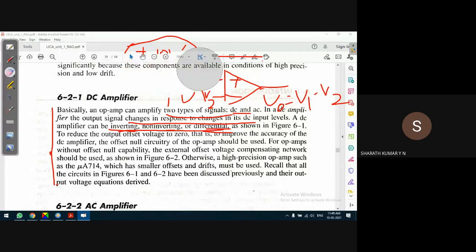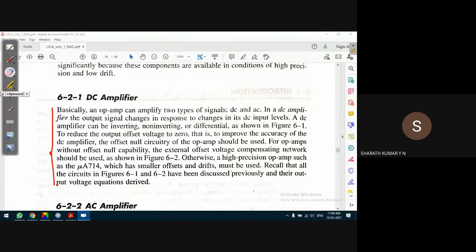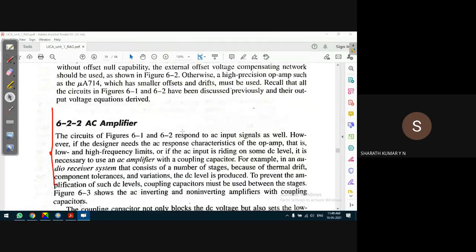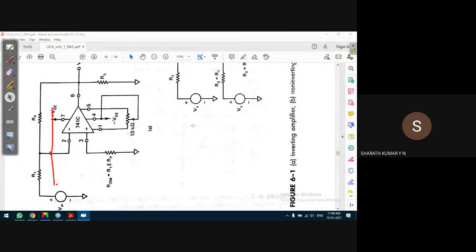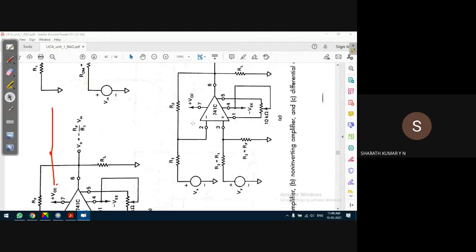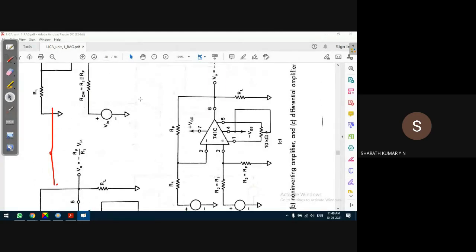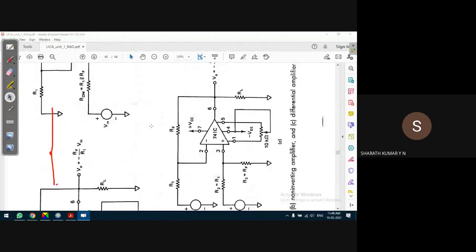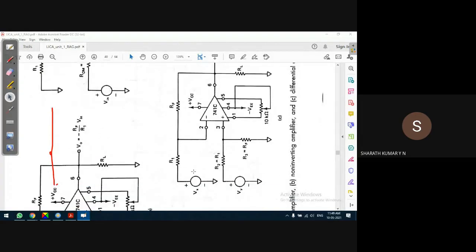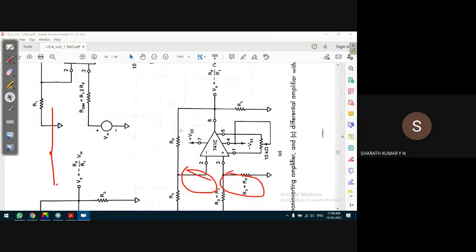I think they have given a diagram. Let us check through the diagram, the differential amplifier figure 6-1. Okay, so all the three conditions are given: inverting, non-inverting, as well as the differential amplifier. V1 and V2 are applied to the differential amplifier, and the output is the difference of the two voltages.